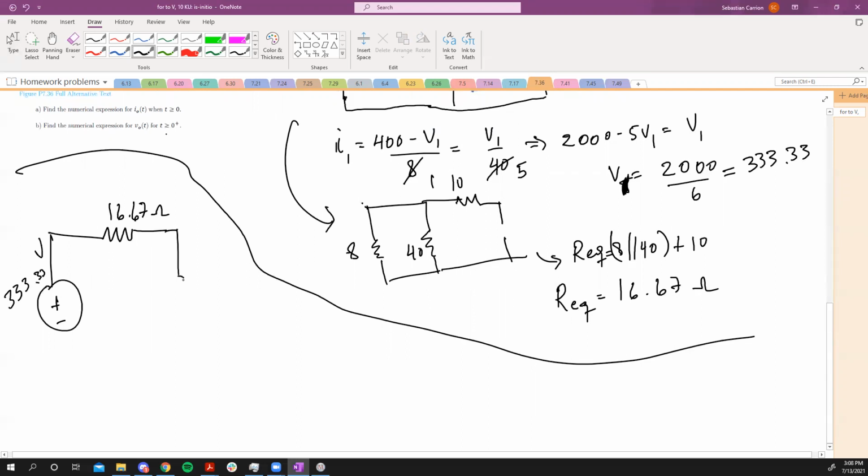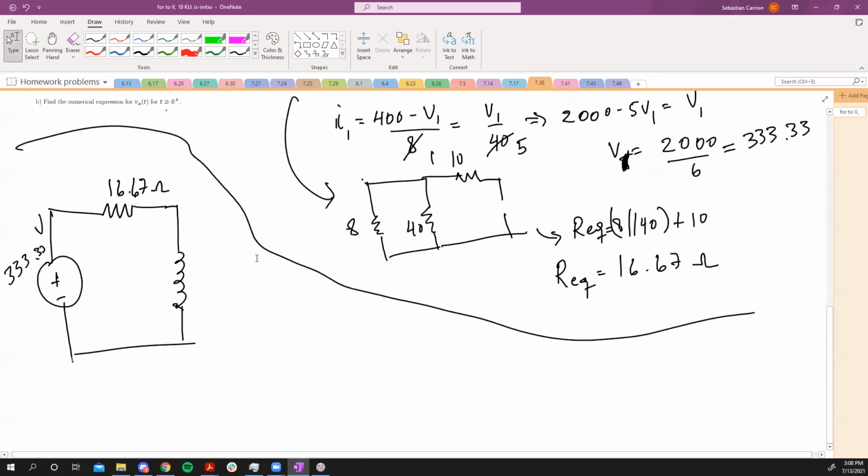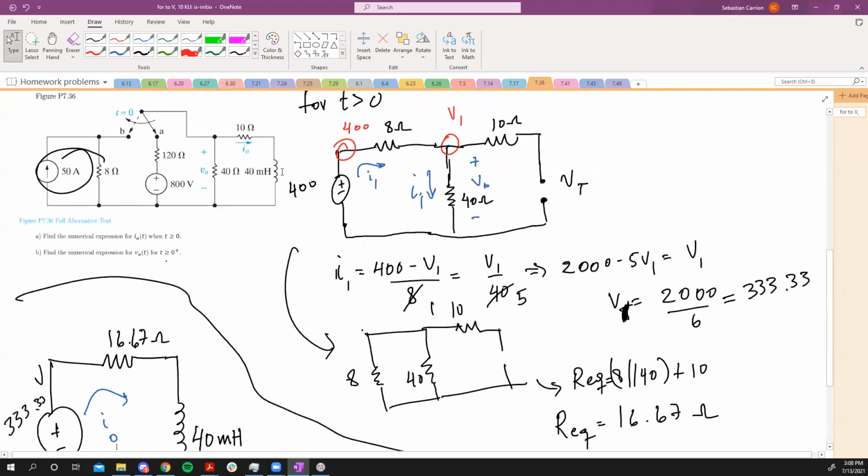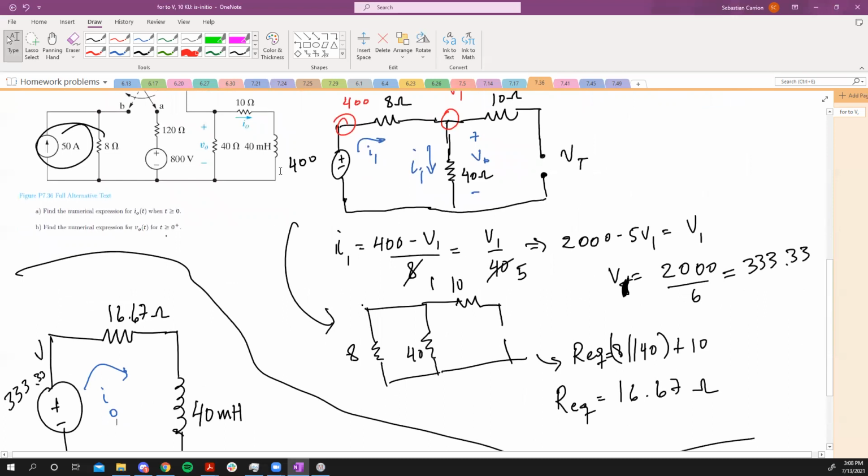Then we have the inductor. And what's the inductor again? 40 millihenry. Okay. Current I naught, right?